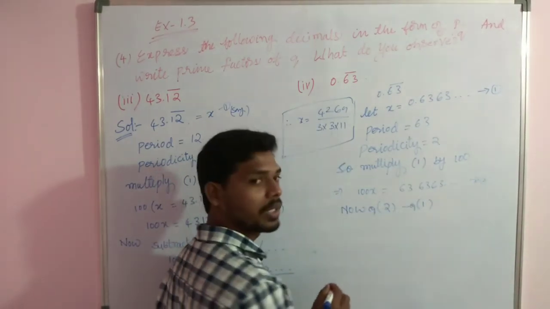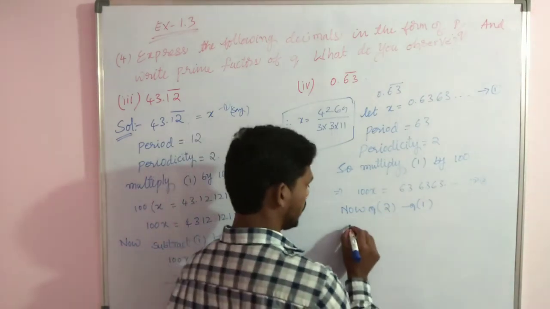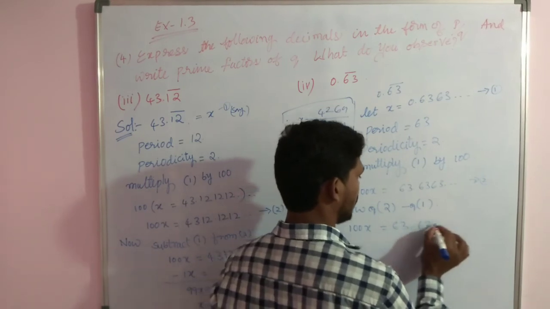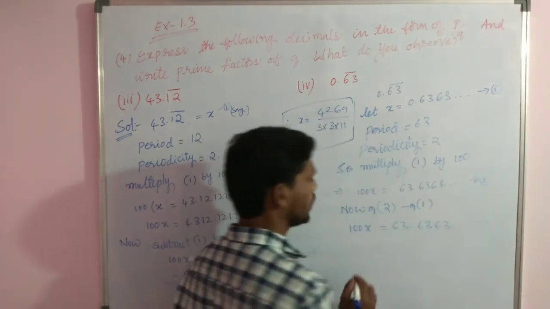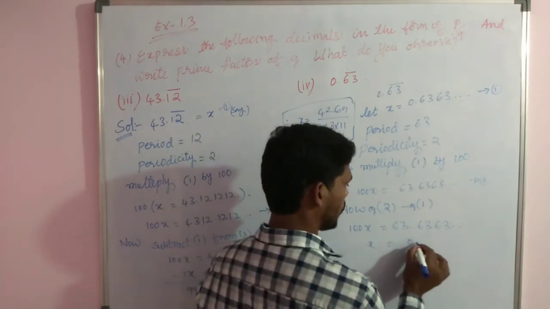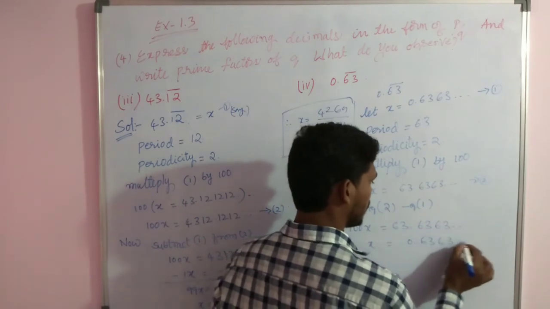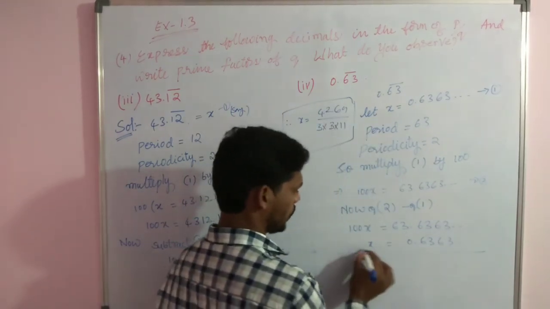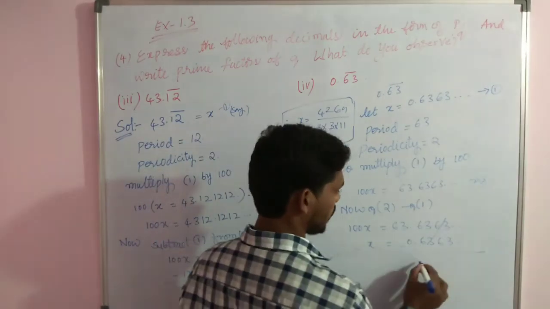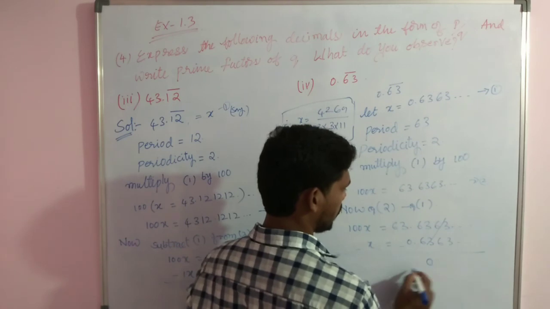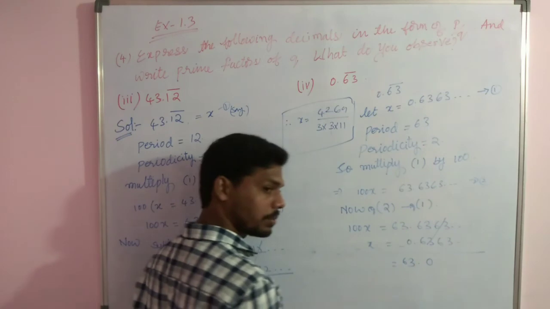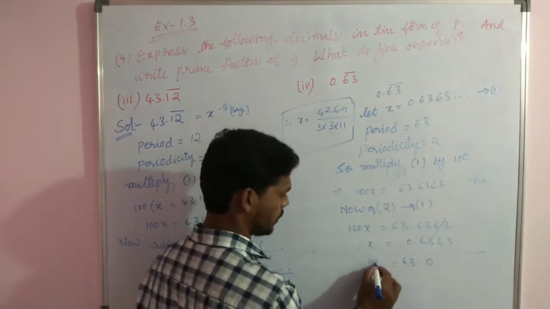Equation number 1 is x equal to 0.6363 and so on. Now subtract. 63 will get cancelled, and the point part gives 0. 63 minus 0 is 63, which is equal to 100x minus 1x, that is 99x.